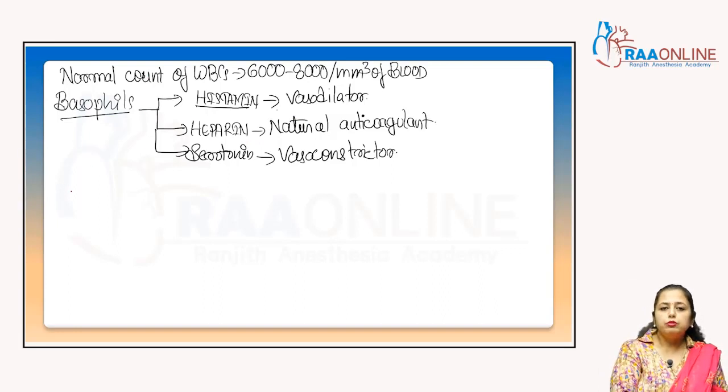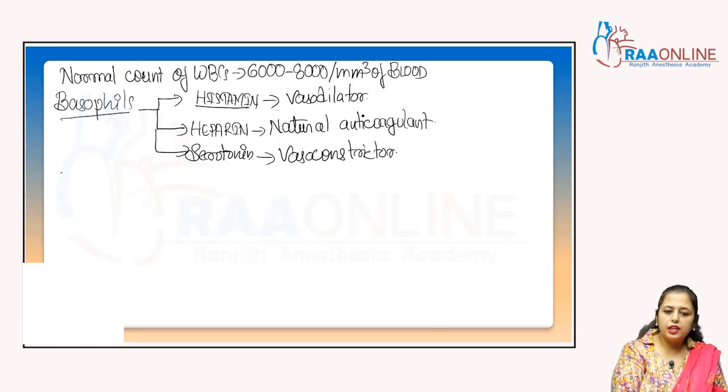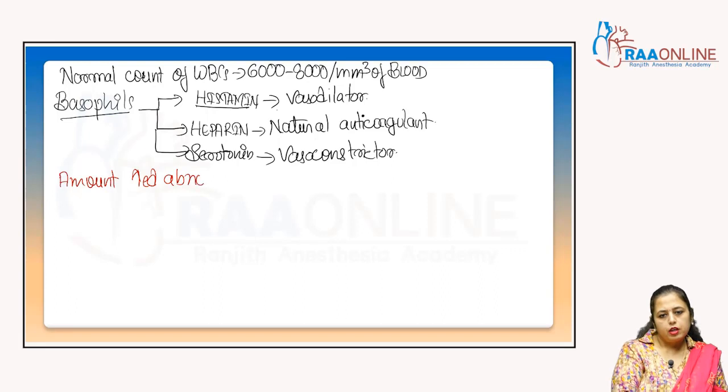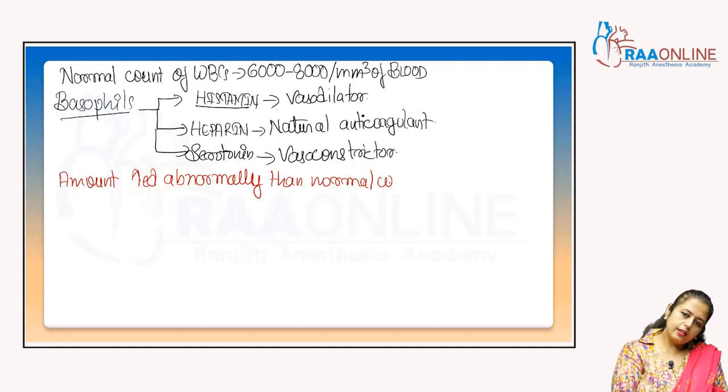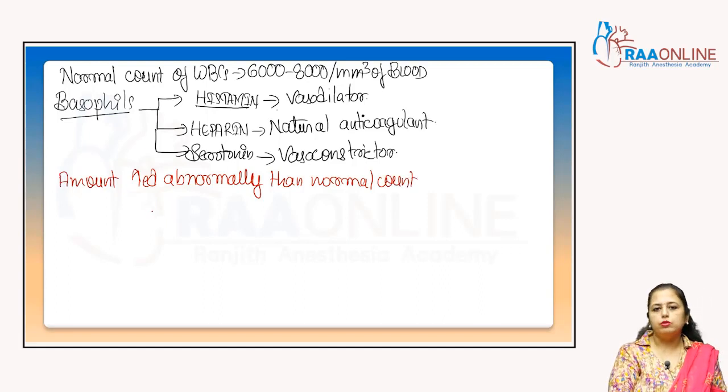If the amount of WBCs is increased abnormally above the normal count, clear?